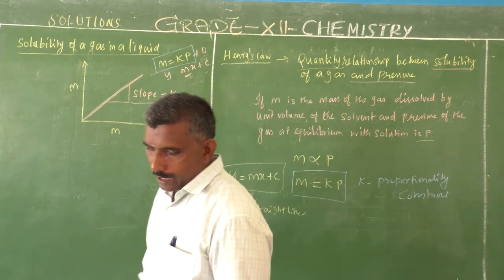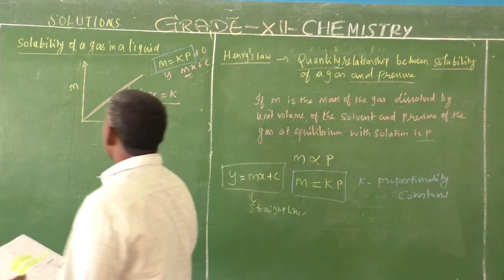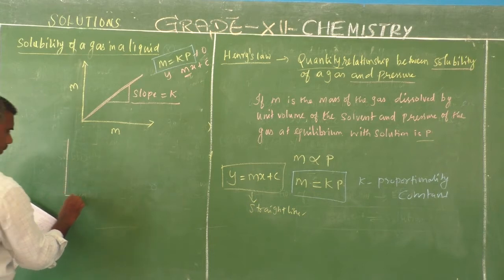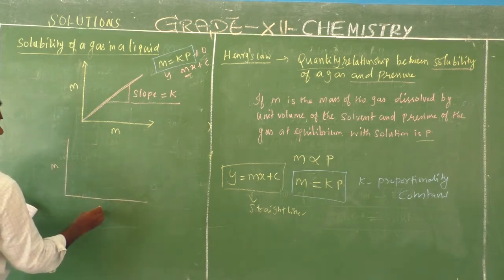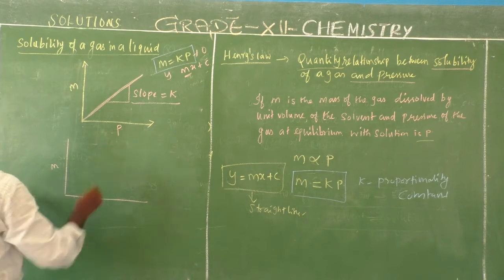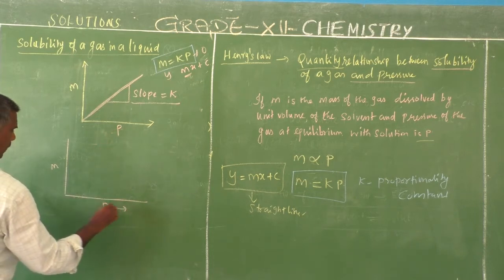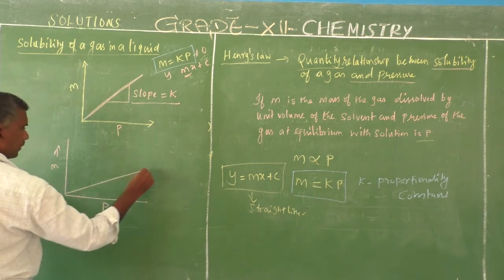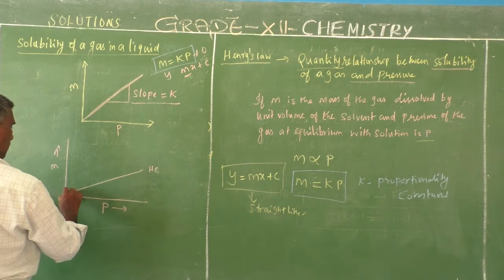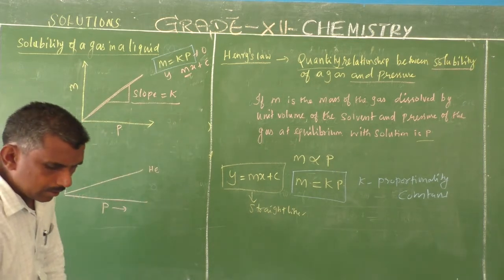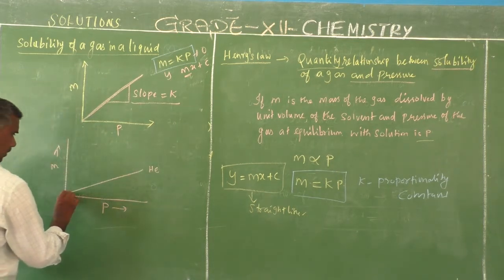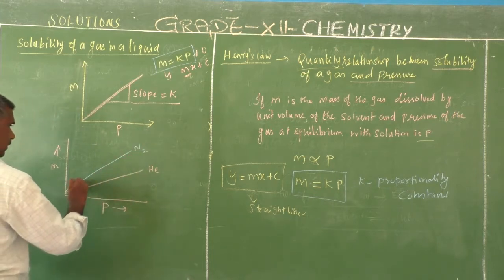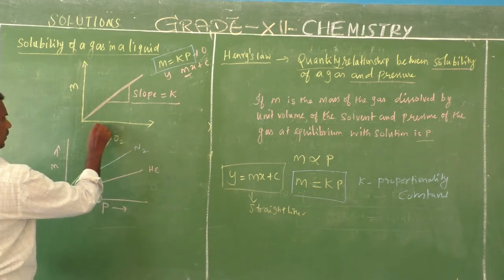Okay, another graph is there. This graph is applicable to entrance examinations. This is P. Here are helium gas, nitrogen, then oxygen.